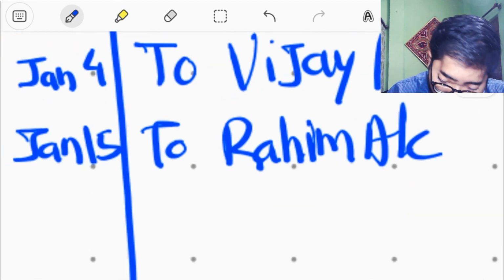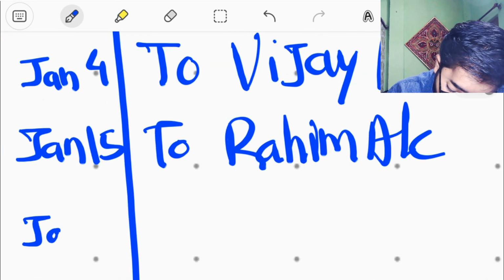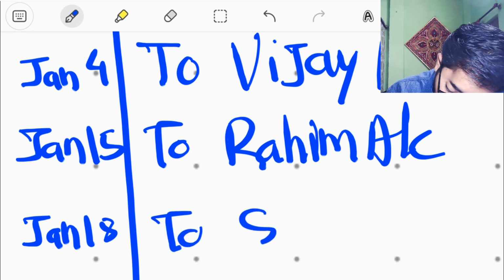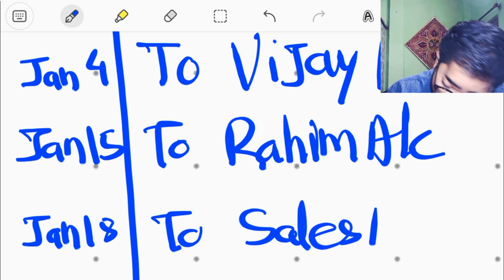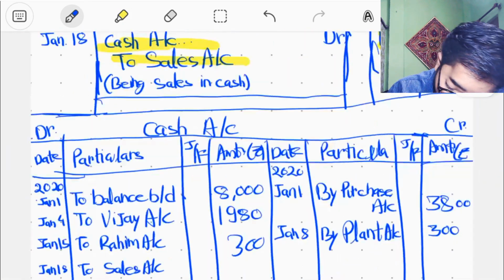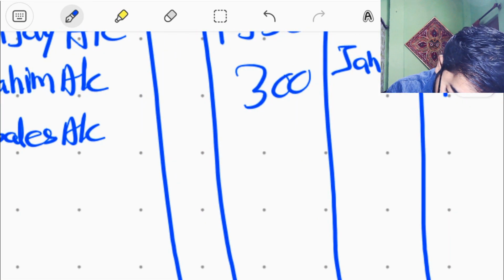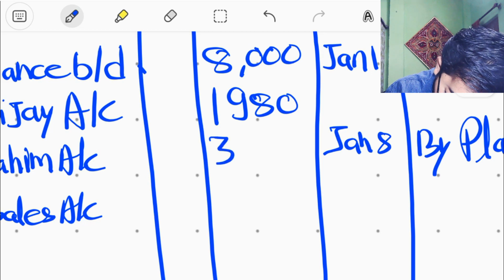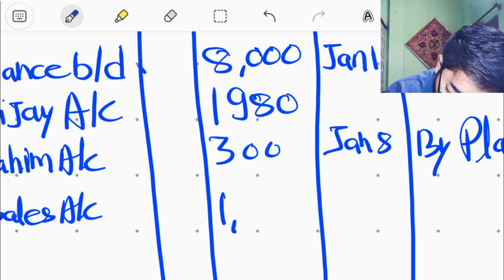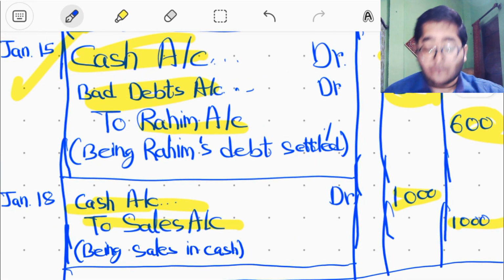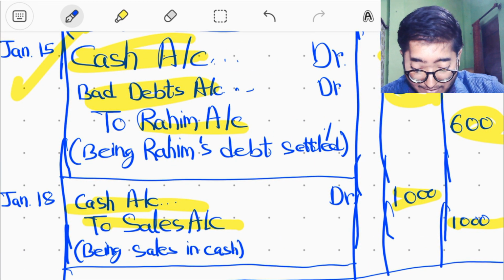On the debit side we are writing to sales account. Cash account debit to sales account, and the amount is 1000.